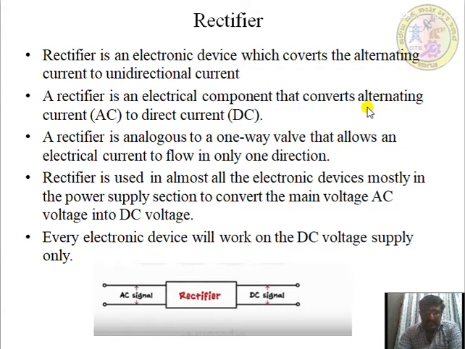Another thing, rectifiers are used in almost all electronic devices, mostly in the power supply section, to convert the mains AC voltage into DC voltage. As we already know, electronic devices use a battery, for example your mobile phones, laptops, remotes, digital watches or music system.